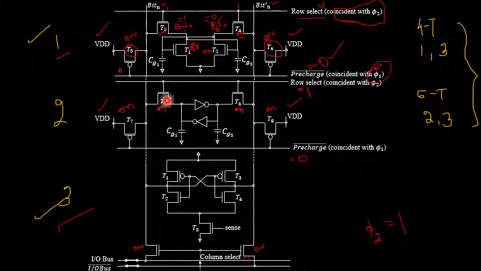Then whatever charge is stored on the bit lines, bit n as well as bit n complement, will appear over here depending upon whether it is equal to logical 0 state or logical 1 state. Either of the transistors will get turned on, and depending on that it will perform the operation.